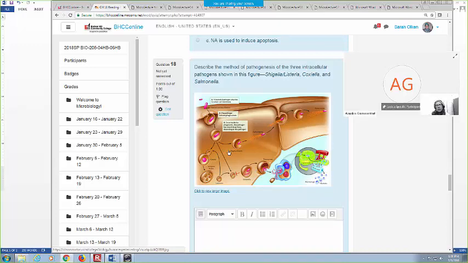So it tricks our own immune system because it can avoid destruction by the macrophage here in the tissue below the gut lumen, and it actually uses that macrophage as a vehicle to spread in our body.